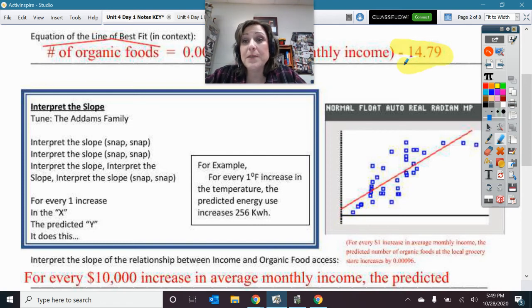Because the Y-intercept is negative, so I don't think I'm actually at 0 yet. I think this would extend out here, and probably here's where your origin is, somewhere like that. And then here's your Y-intercept at negative 14.97 right there in that area.